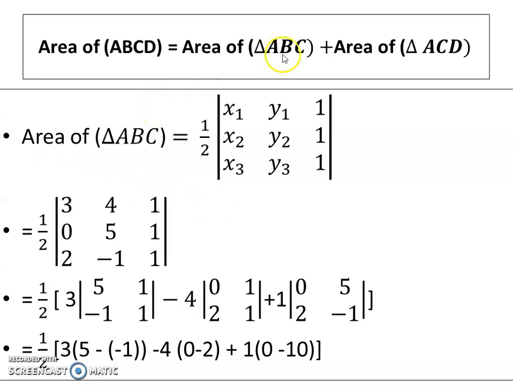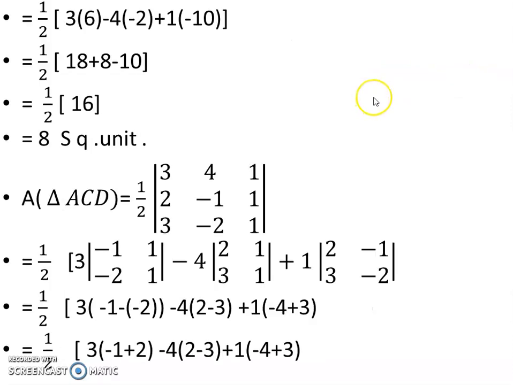Now we must find the area of ACD also. So we take the area of ACD: 3 4 1, 2 minus 1 1, 3 minus 2 1. A and C are fixed. Now which variable do we introduce here? D. Be particular about that. So we put the values x1 y1, then x3 y3, and the last one is x4 y4.